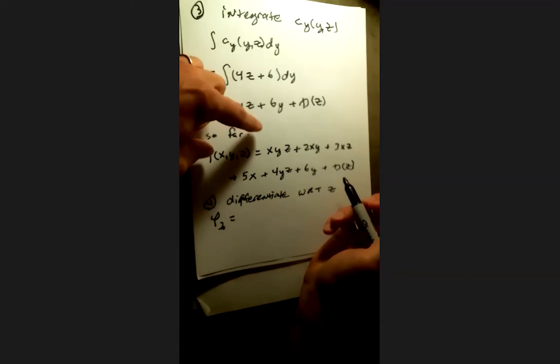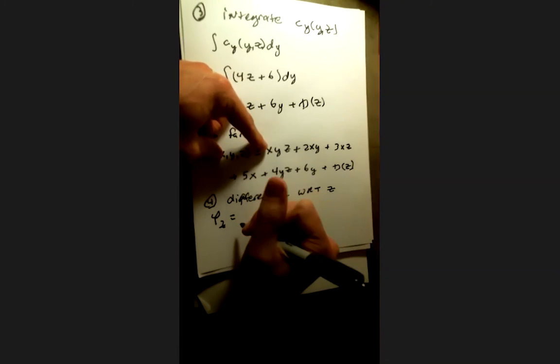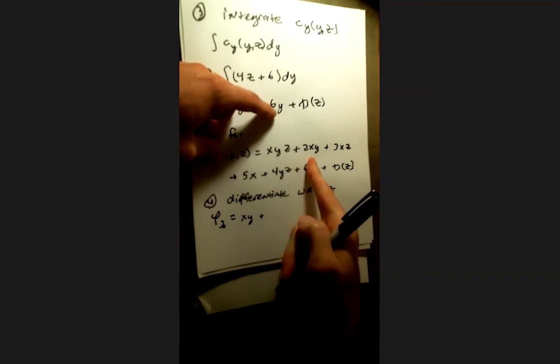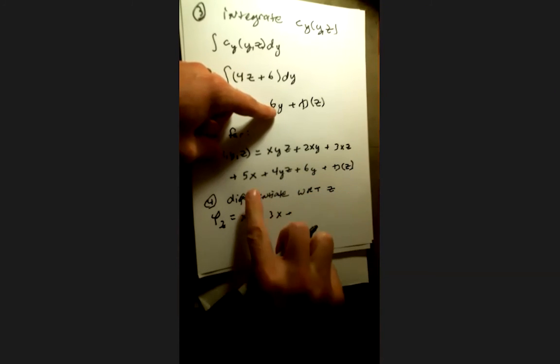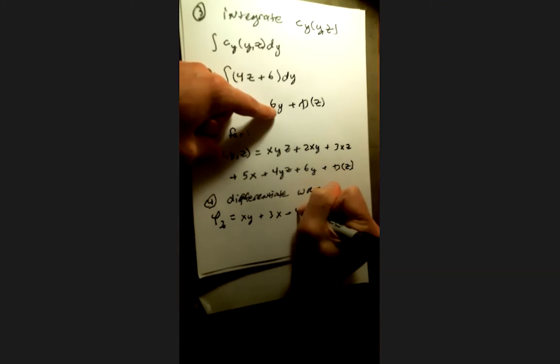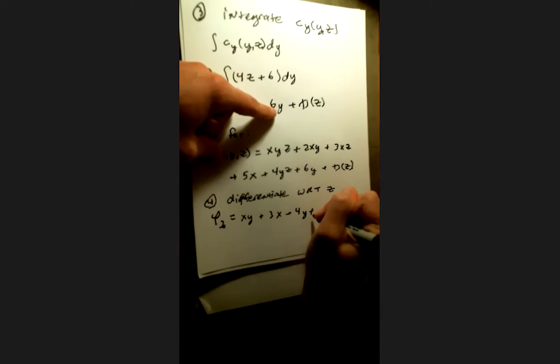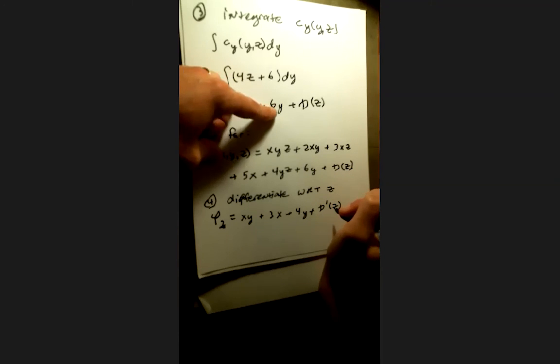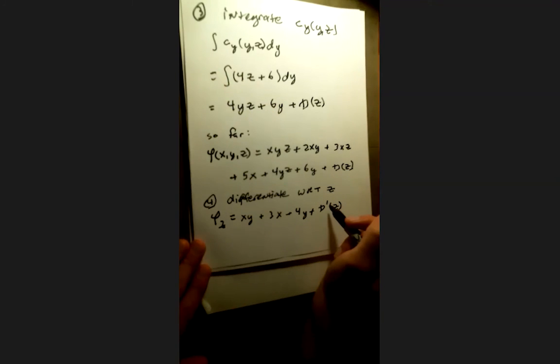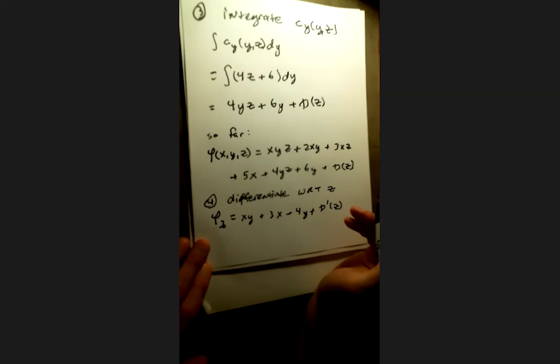This will be xy plus 0 plus 3x plus 0 plus 4y plus 0 plus d prime of z. Notice now it's a prime because there's only one variable. It's no longer a partial derivative.